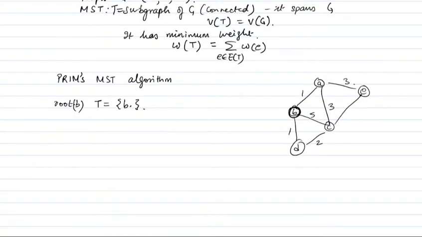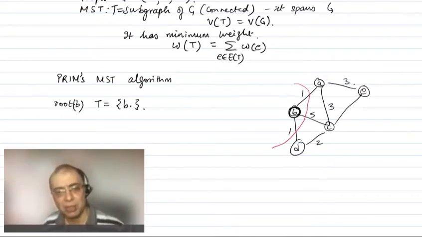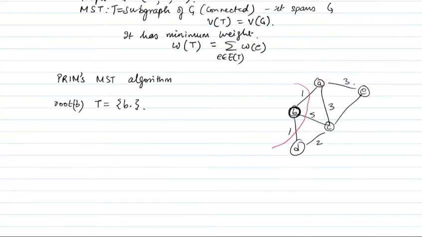Now it examines all the new vertices which are reachable from the set T. Since B is the only vertex in the set T, it looks at all the edges from B. These are BA, BC, and BD.